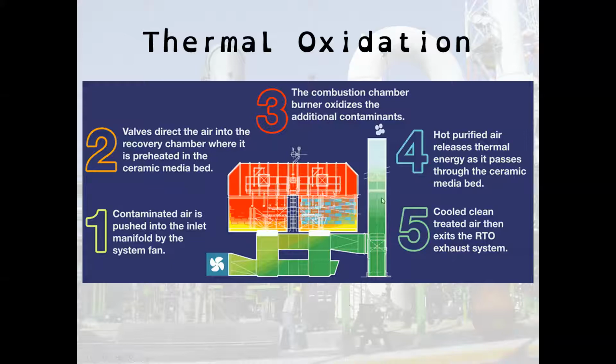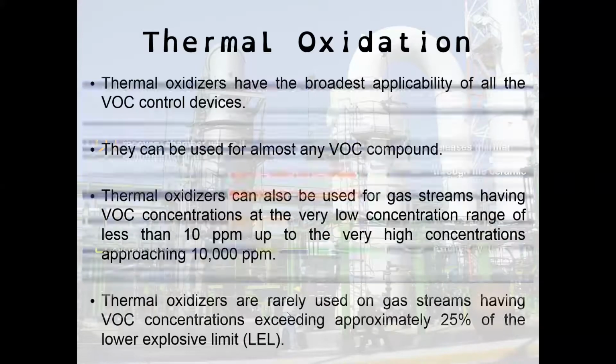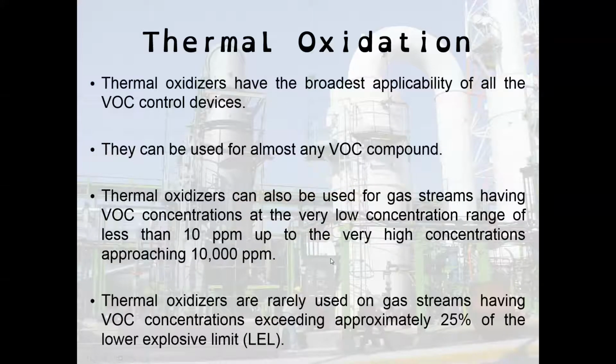Now, in the video, it talked a lot about this process and how it requires a lot of energy. Typically, since it requires so much energy, you see the presence of these regenerative thermal oxidizers where they're able to capture that energy and reuse it.